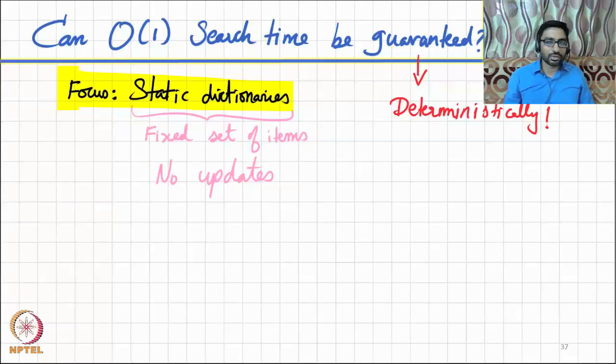We're going to limit our focus to static dictionaries, in which we're going to store a fixed set of items. There's going to be no updates to these items, and for this fixed set, we want to be able to query whether an item x in the universe is present in the dictionary or not.